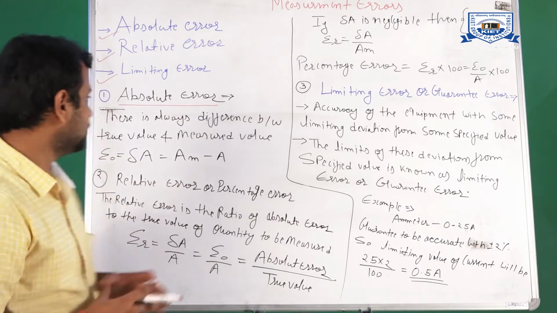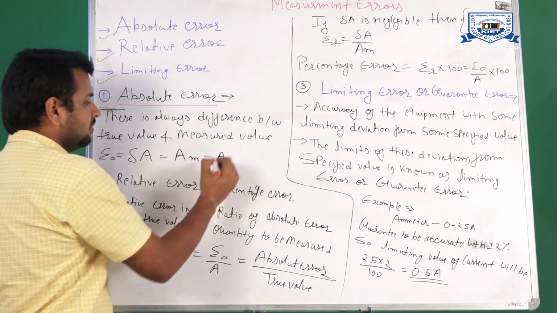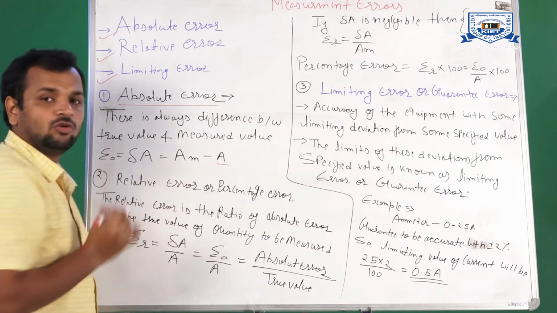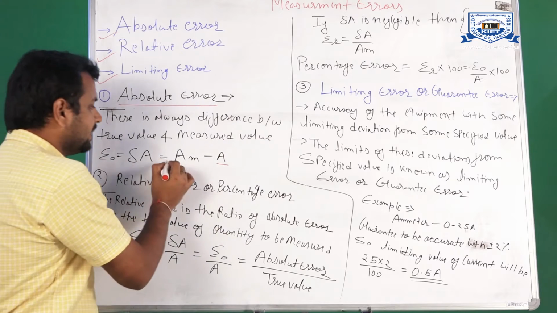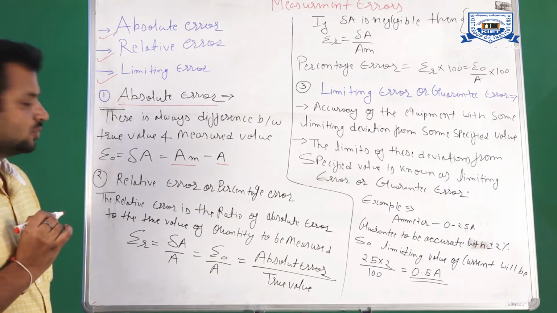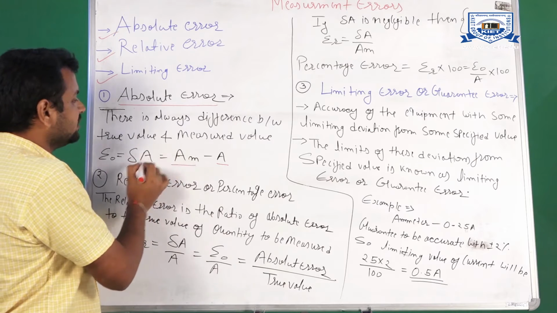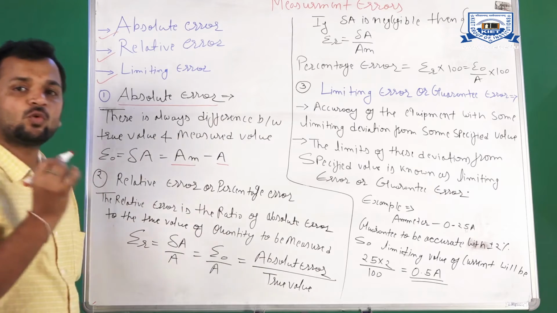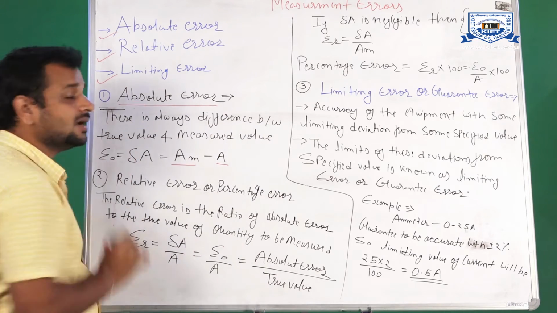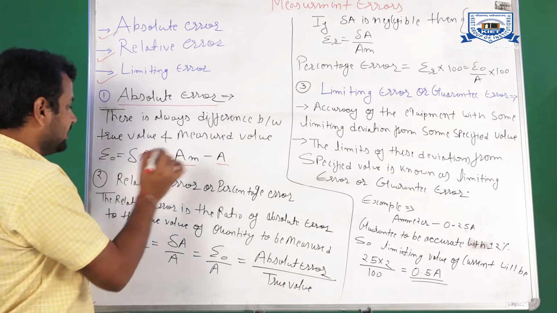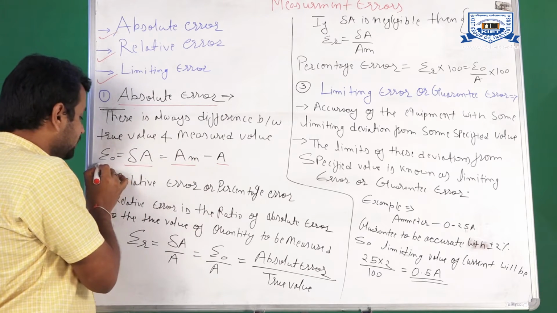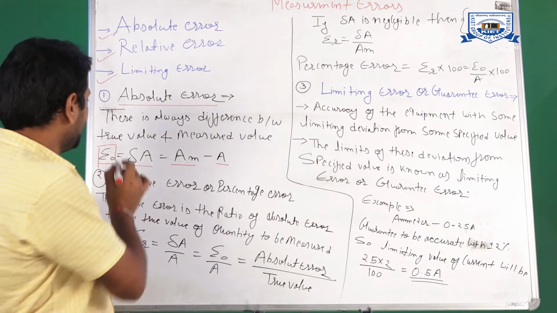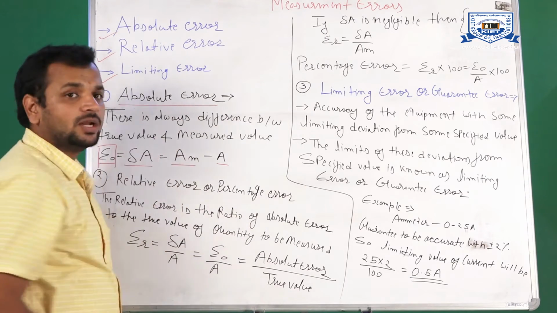If the true value is denoted by A, and the measured value of that quantity is denoted by AM, then the difference of true value and measured value is known as the absolute error. It is denoted by del A, or by epsilon naught. That is the value of absolute error.